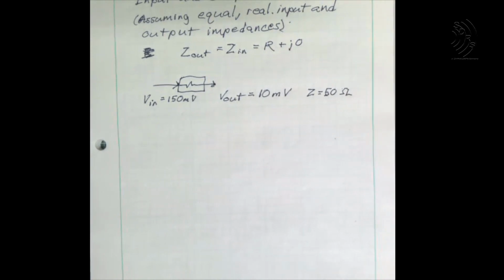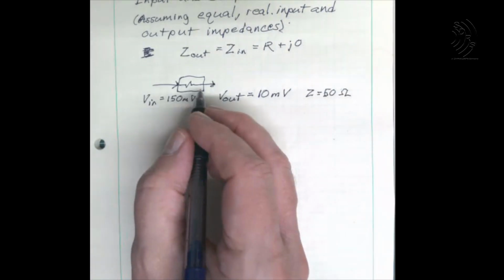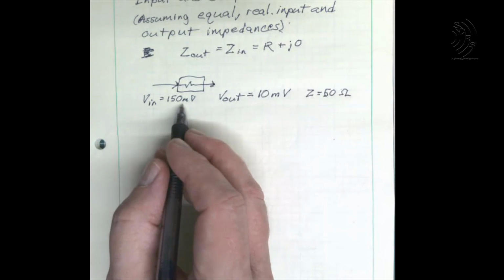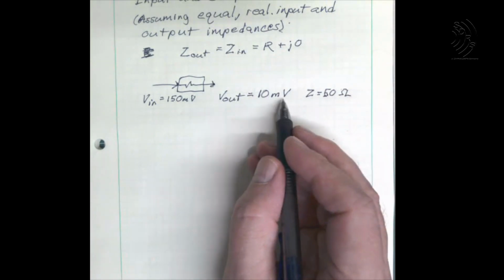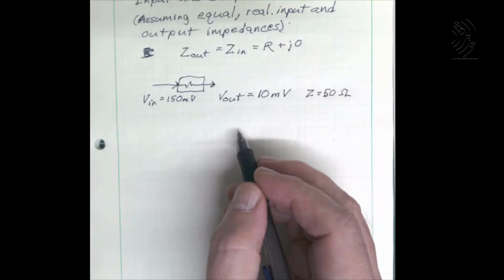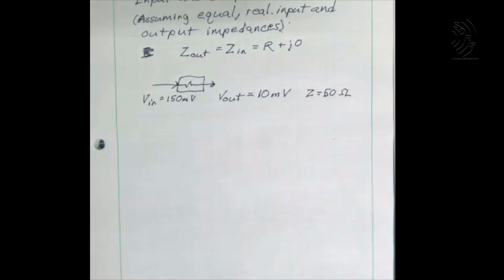In this example, we'll consider an RF attenuator, and it has an input voltage of 150 millivolts and an output voltage of 10 millivolts. The input and output impedances are both equal to 50 ohms, which is a common impedance used in radio frequency and wireless communication systems.